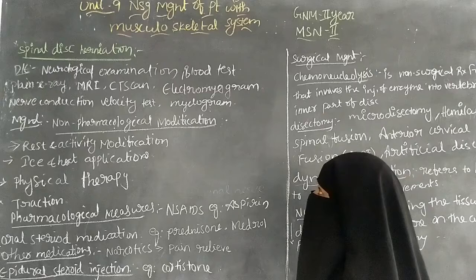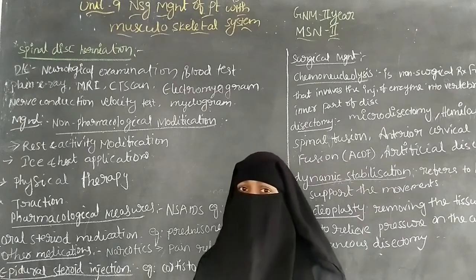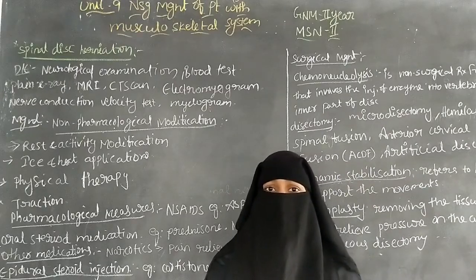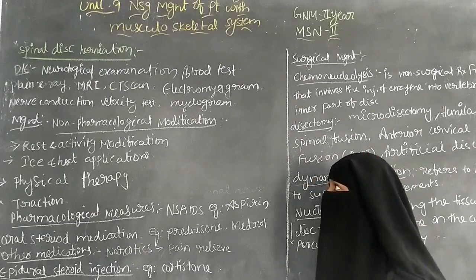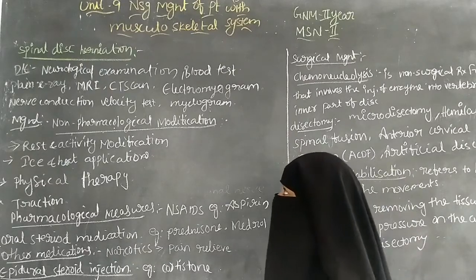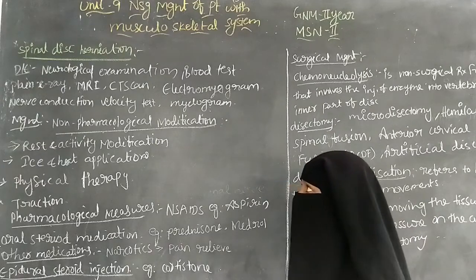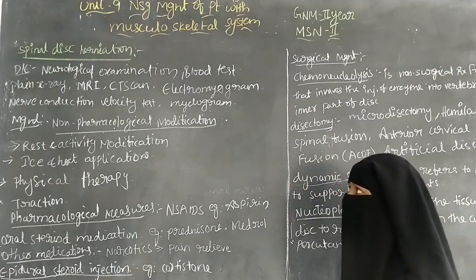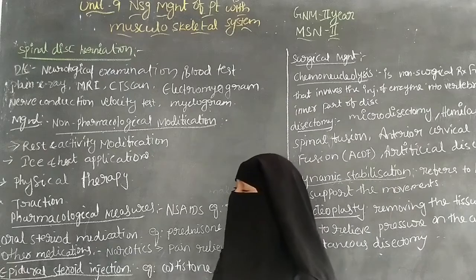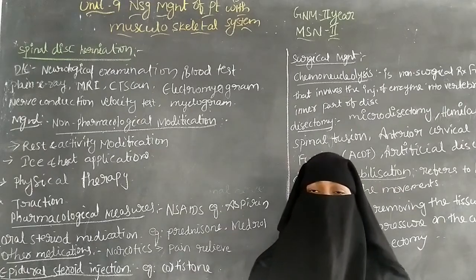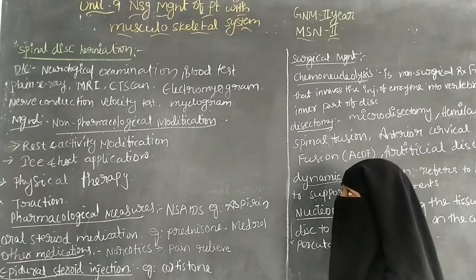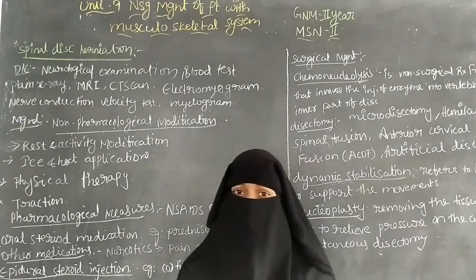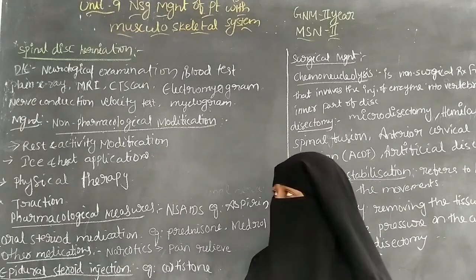Next one is the blood test. The blood test includes CBC, WBC count, everything we can do in the blood test. Then the plain X-ray. X-ray has to be taken to diagnose the spinal disc herniation, where the disc herniation is present, and we can identify it by X-ray.